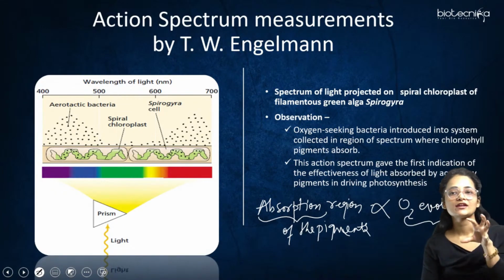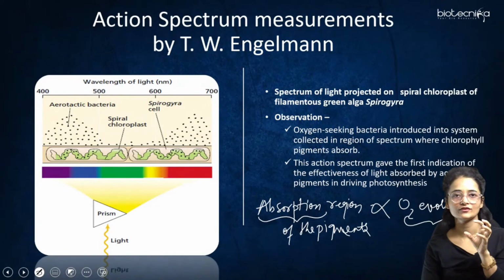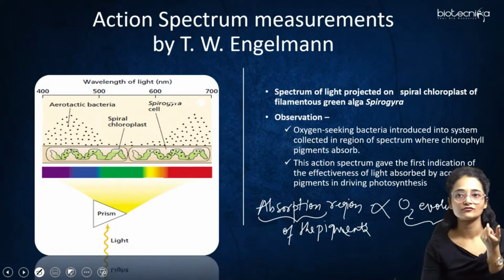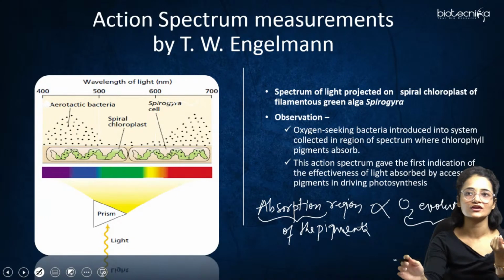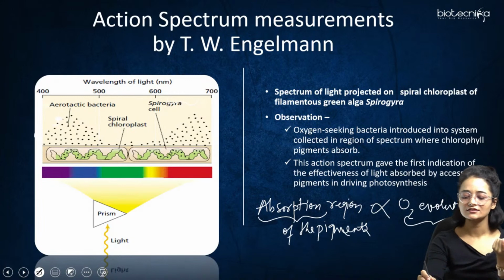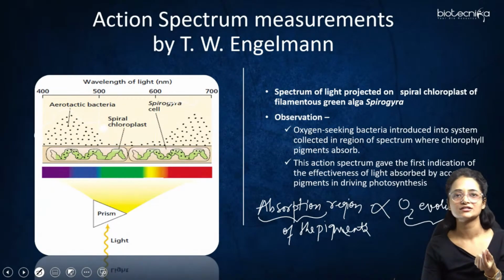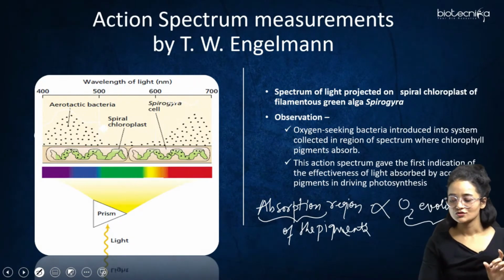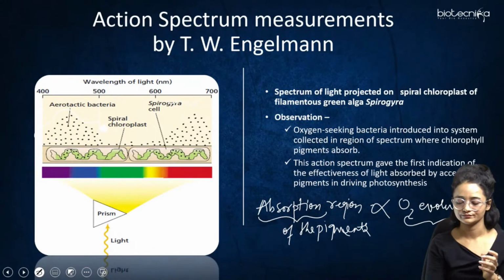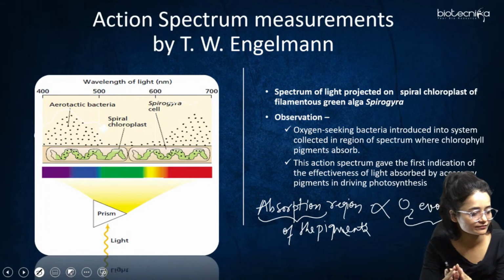Wherever the absorption is taking place, the molecules absorb light at 400 to 500 nanometer, and at 600 to 700 nanometer. This is the absorption spectrum of the chlorophyll molecules, while 400 to 500 is for the accessory molecules, that is, the carotenoids. Here the growth of these aerobic bacteria is taking place, which means this is the region where oxygen evolution is taking place, right? In this way, the absorption spectrum is directly related to oxygen evolution. So, have you understood this much?